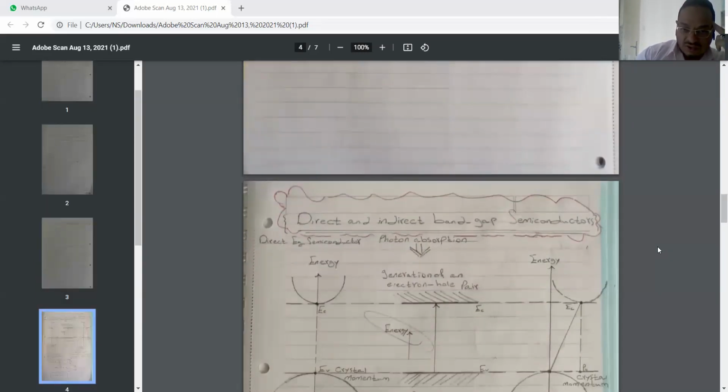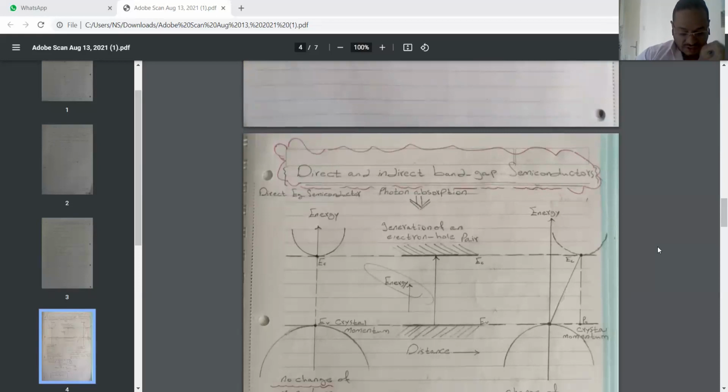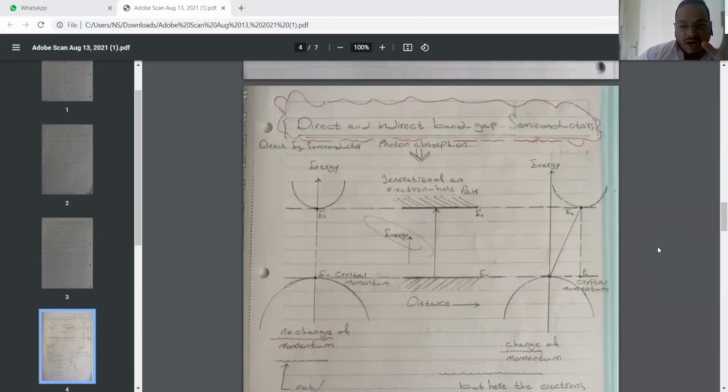Now let's take a look at this source. I think this paper will be very important because by using it, we can do some comparison between band gap and between direct and indirect band gap. That will be, I think, clear to us.